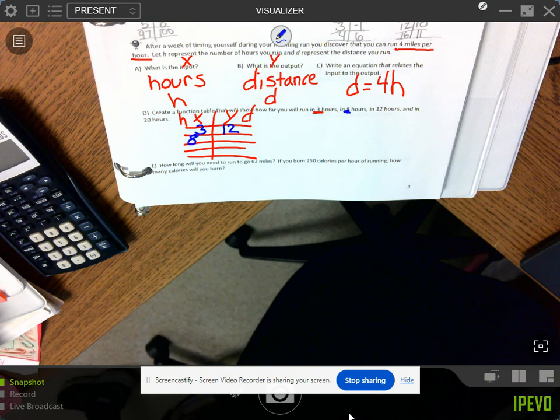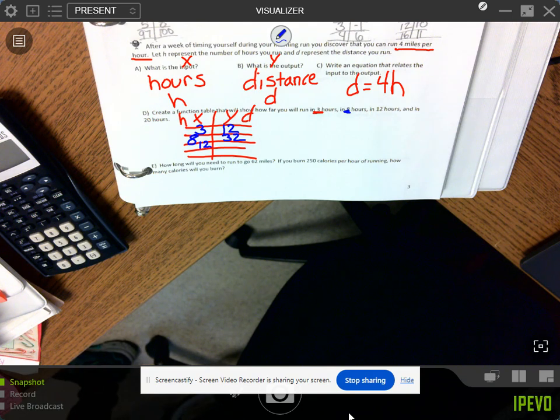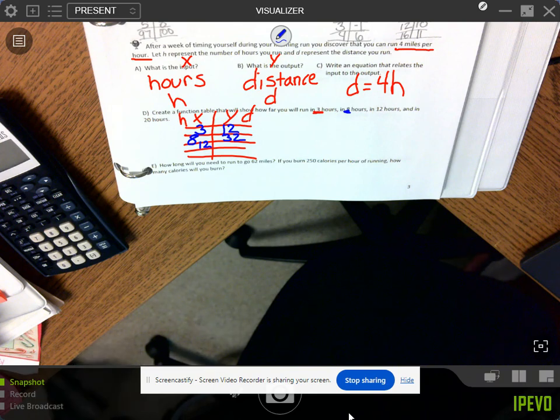If they give us inputs, we have to use the ones that we're given. So if I run for 8 hours, how many miles am I running, Fiona? 32, because 4 times 8 is 32. What is my next input, Damien? 12. If I run for 12 hours, what is my distance? 48 miles.